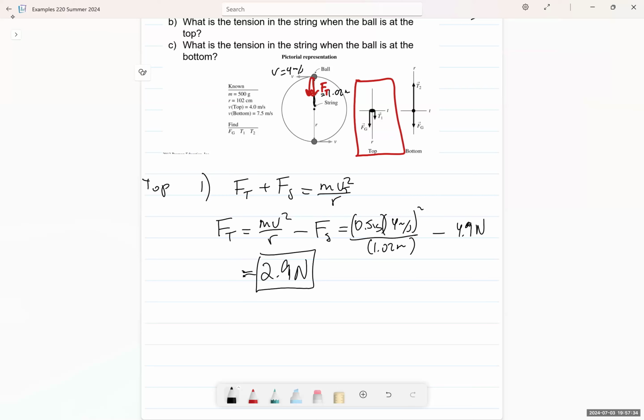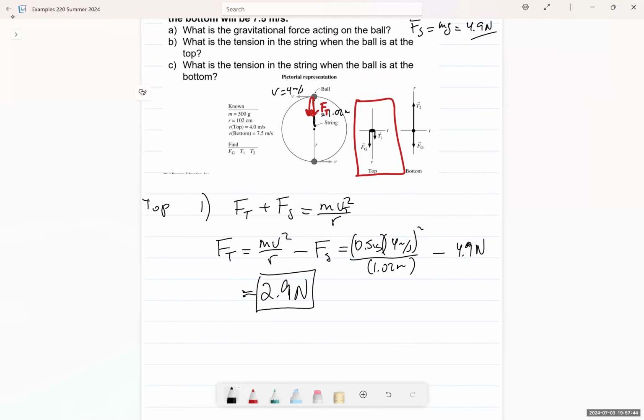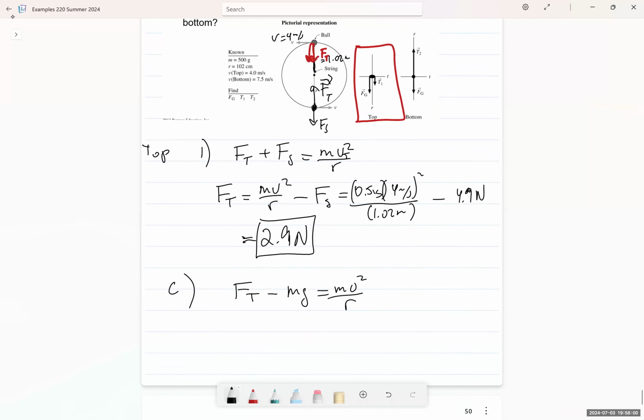Then let's look at part C. It says, what is the tension in the string when the ball is at the bottom? When it's at the bottom, gravity is down and the tension force is pointing up. So you have tension force minus mg equals mv squared over r.